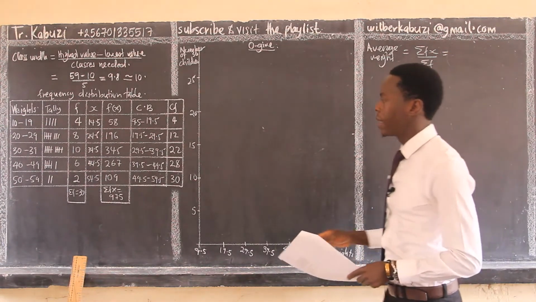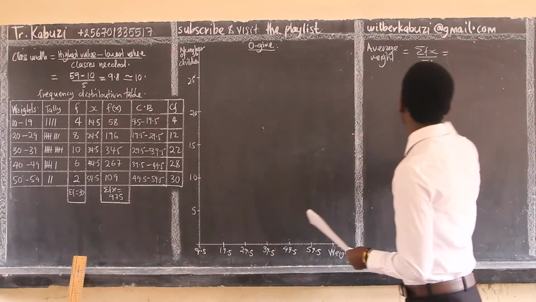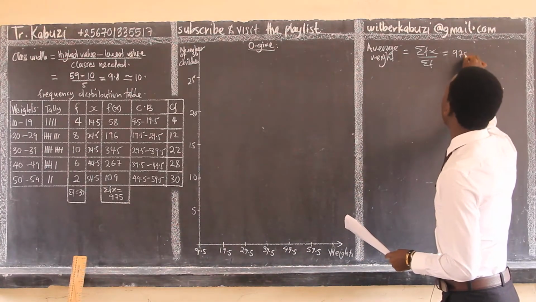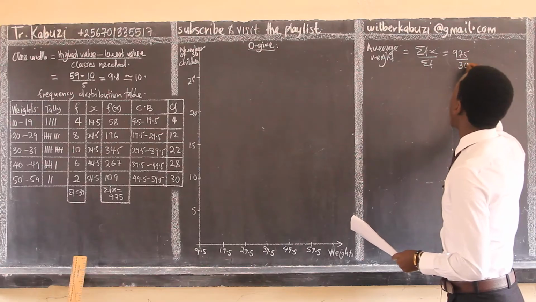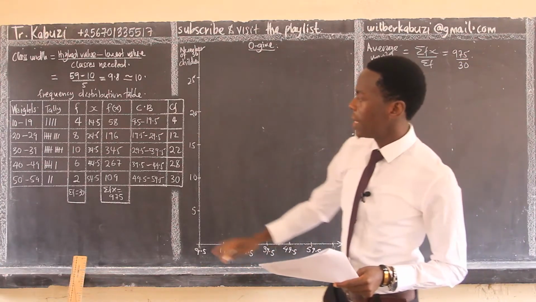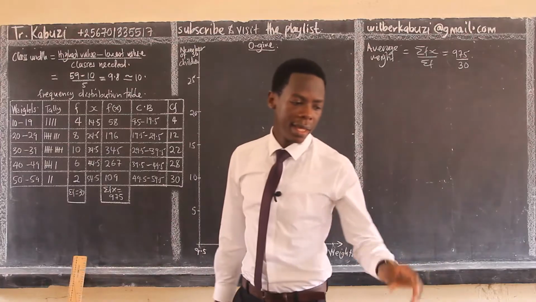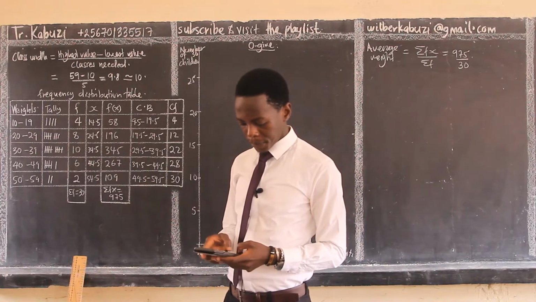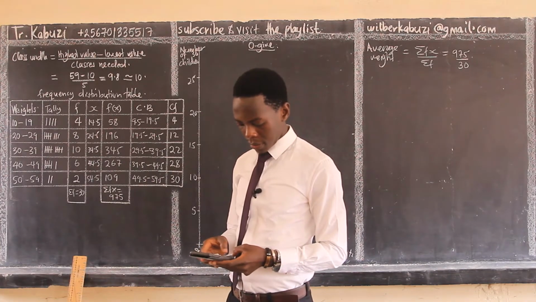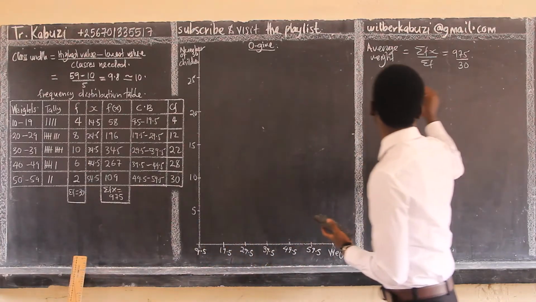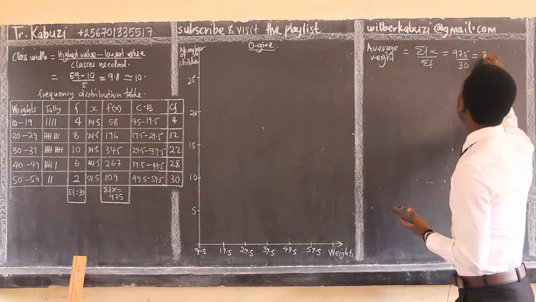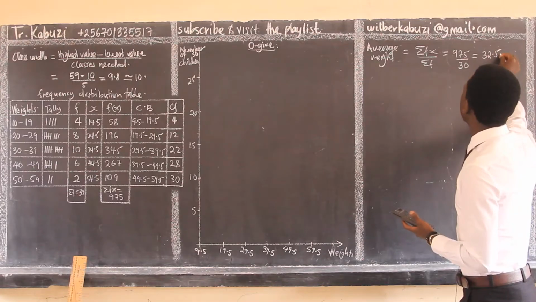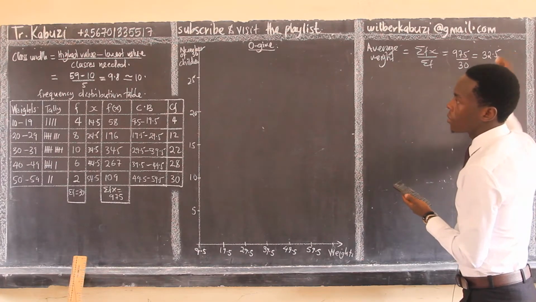Our summation f of x is here, 975 divided by our 30. But as we said, here, so 32.5, that was our weight.